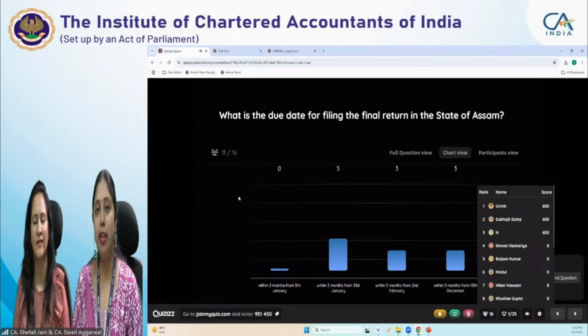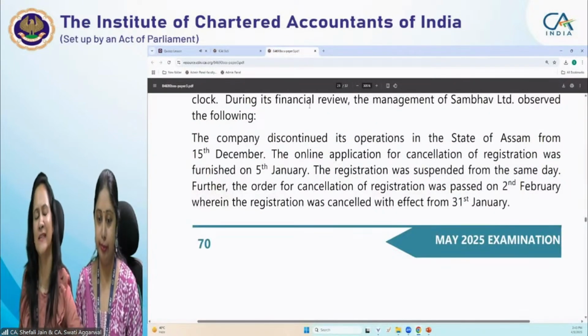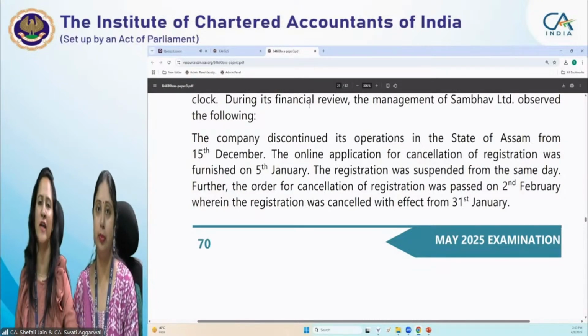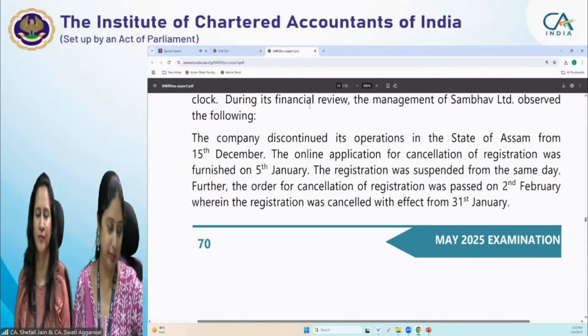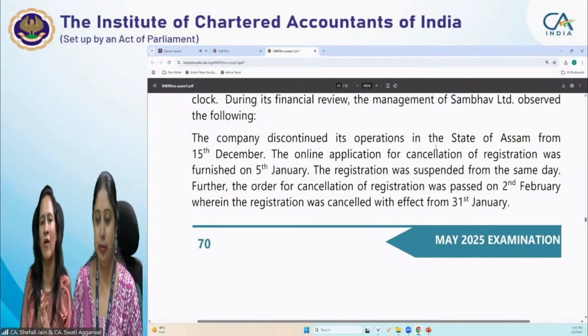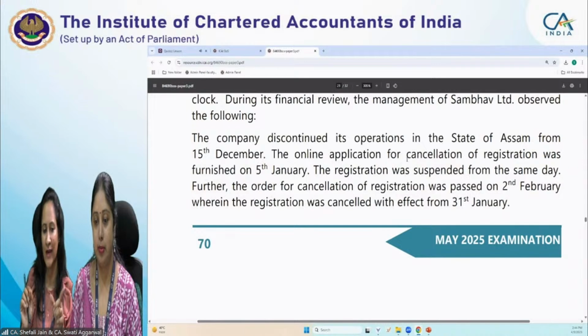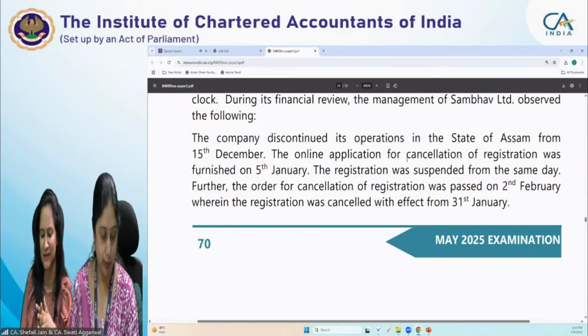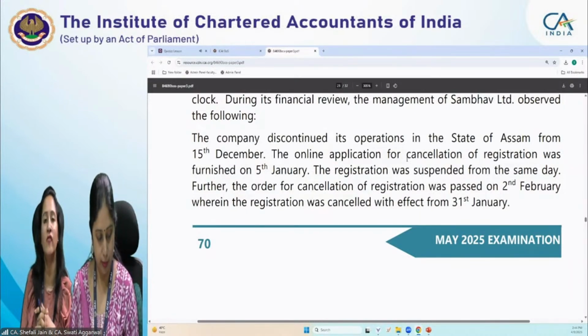So let us understand the provision behind this question. The provisions of final return are governed by Section 45 of the CGST Act 2017. Section 45 says that every registered person who is required to furnish a return under Section 39(1) and whose registration has been cancelled, so that's why I focus on the word cancelled, because if a person's registration has been cancelled, then they have to furnish a final return.